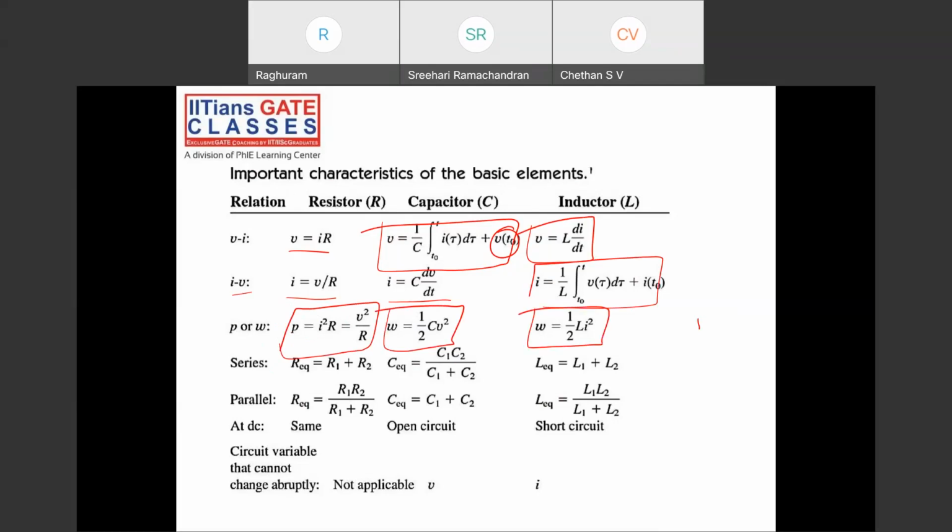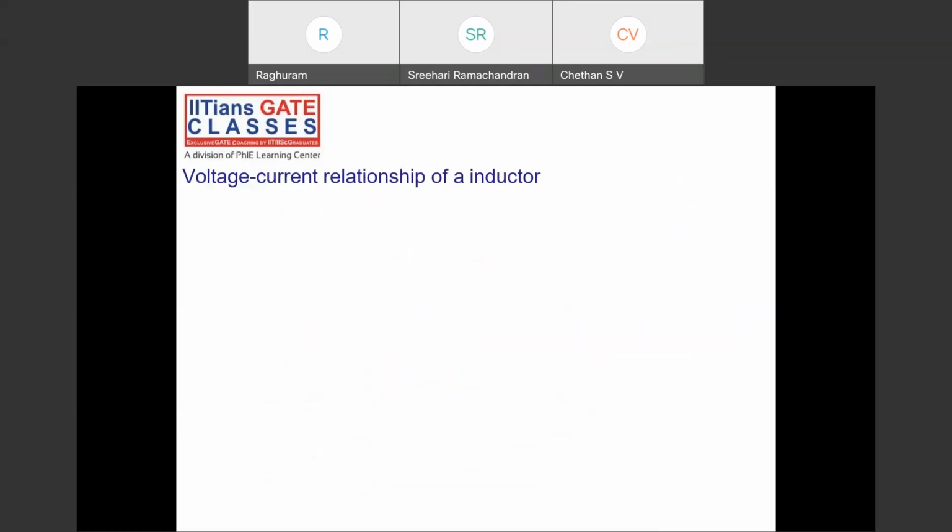Okay. Next, series: R equivalent is R1 plus R2. C equivalent is C1 C2 by C1 plus C2. We haven't seen series and parallel inductors, right? Let me bring those also. Series inductors.